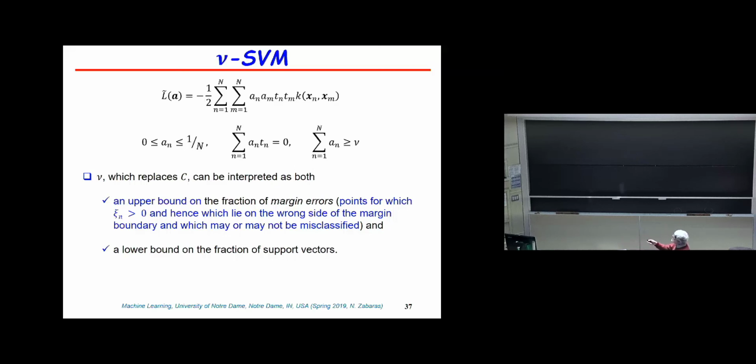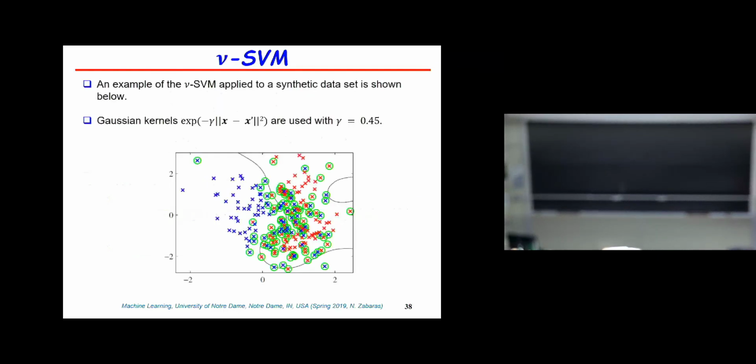This formulation is actually used more often than the standard formulation that we saw before, but practically they give similar results. And again you see another classification result using Gaussian kernels. I show you this problem for comparison from when we discussed the performance of RVM versus SVM.